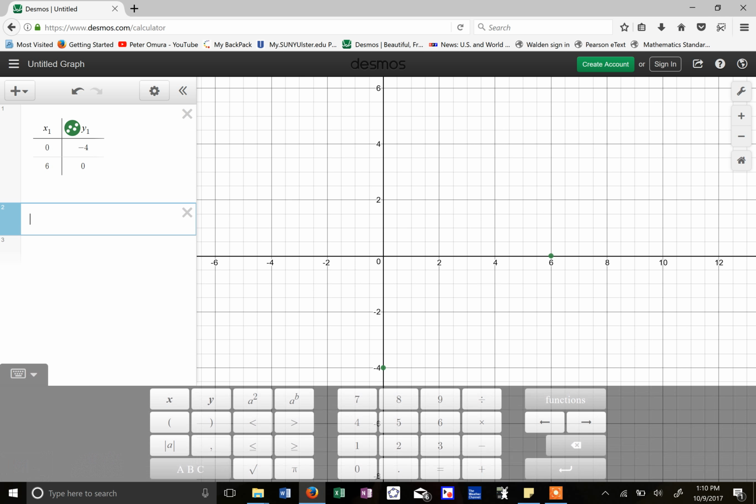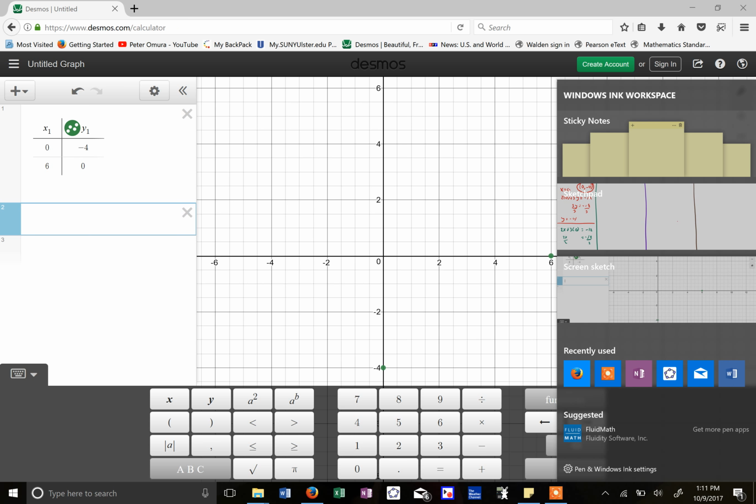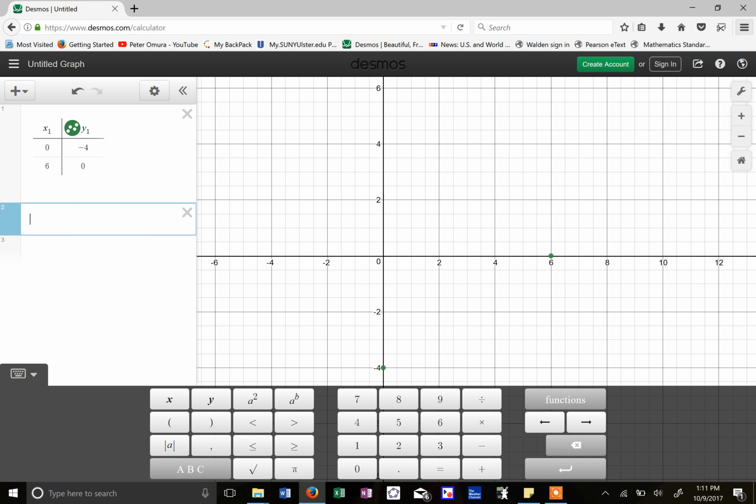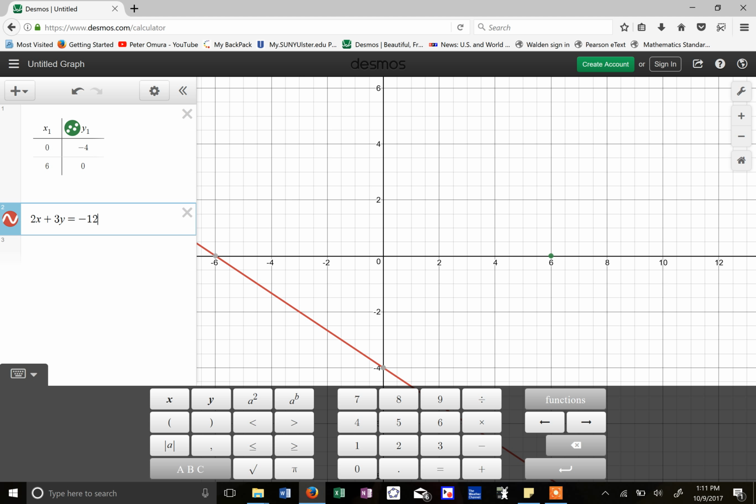Now, if I go back, the equation was 2x plus 3y equals -12. Oops, I realized that I made a mistake.